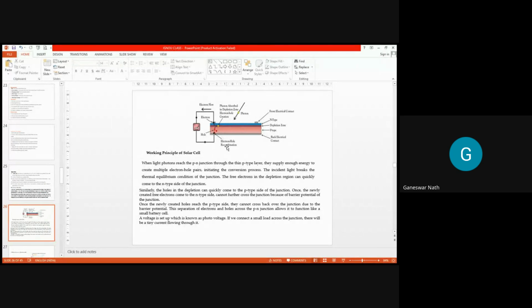Similarly, how does it work? All of you can see that this is a solar cell. When the photon or light energy is incident, the photon interacts with the electrons available in the n-type material, and each photon is responsible for activating a single electron.